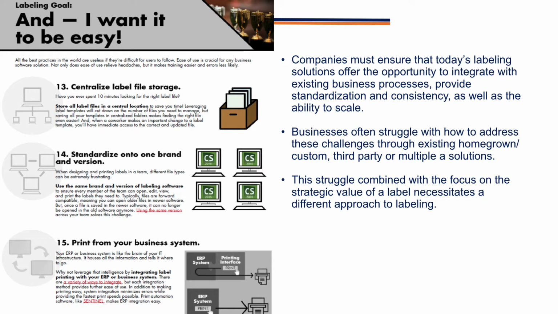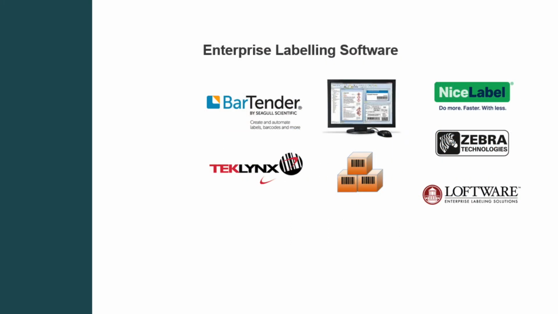So what we want to do is introduce an enterprise labeling software package which drives the entire organization and get rid of or reduce disparate or many different labeling packages throughout the organization. And this is a few of the software packages that are in the mainstream AIDC market that all do enterprise labeling.